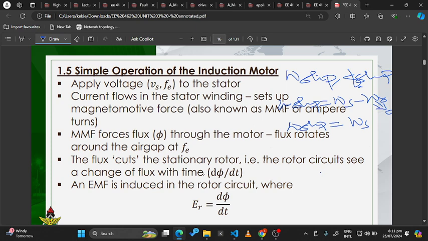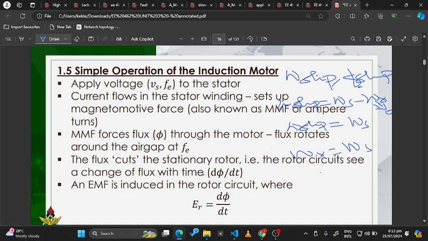That's going to induce a certain EMF, which depends on the rate at which the flux is changing with respect to time. If the rotor is moving at a speed omega r equal to omega s, the rotor is going to see this flux as ordinary.